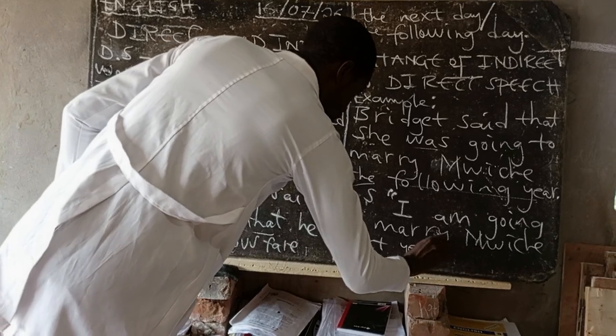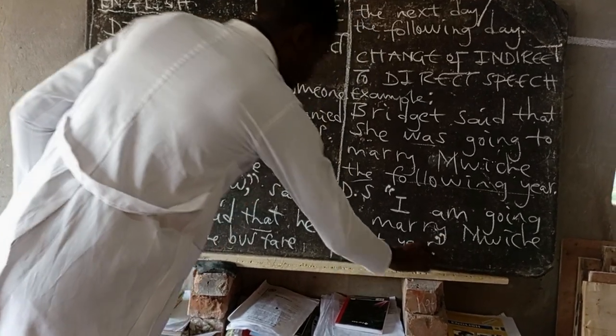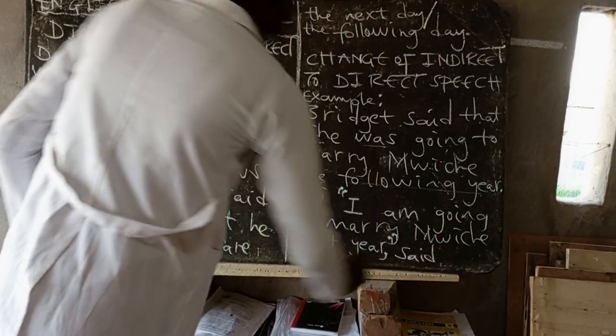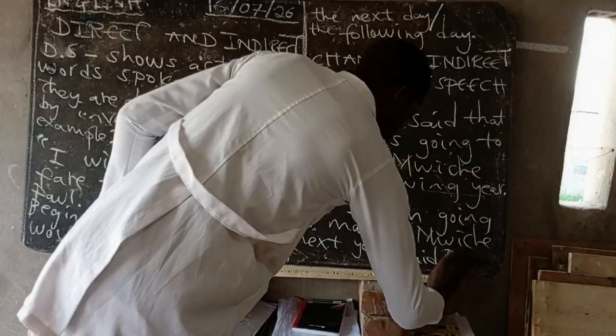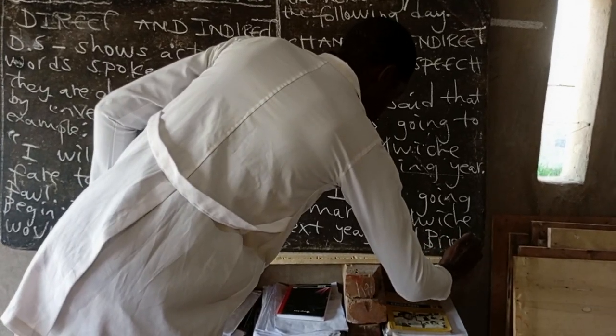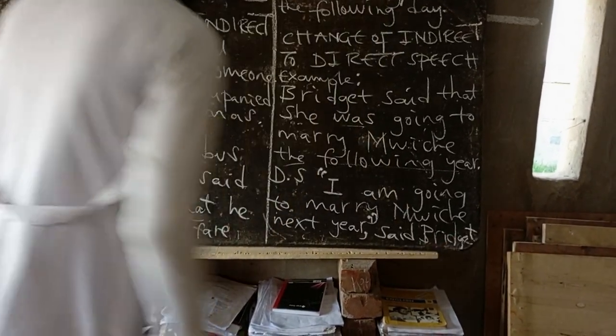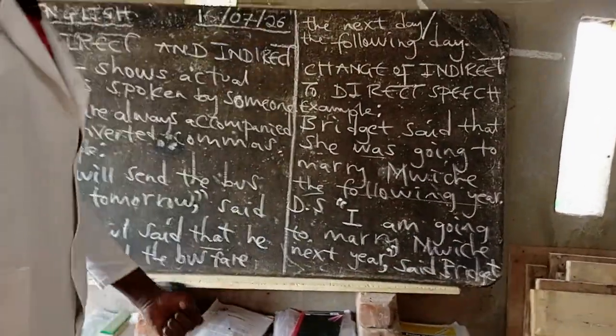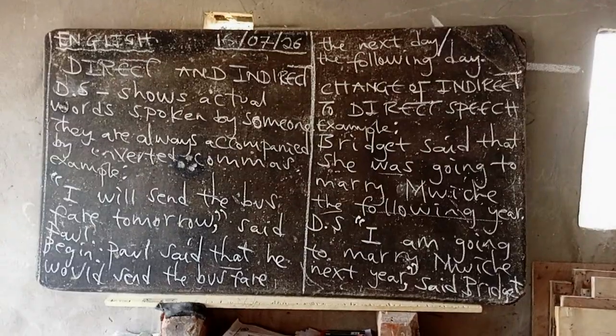Then close the inverted commas. Don't put a full stop; put a comma, then said. Who said this? Said Bridget. Remember to start with a capital letter. Bridget is a proper noun, a specific name of someone.